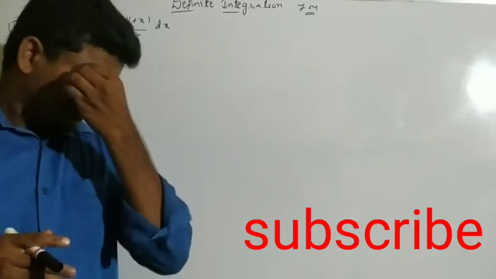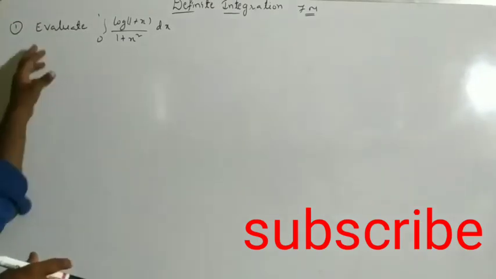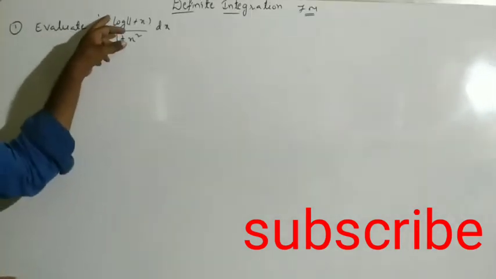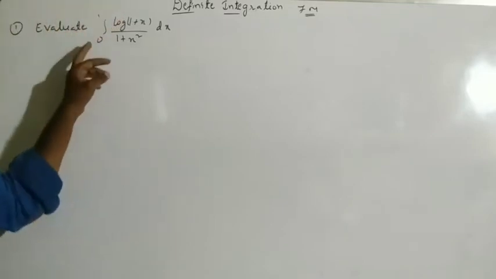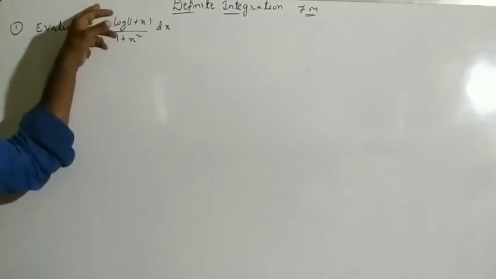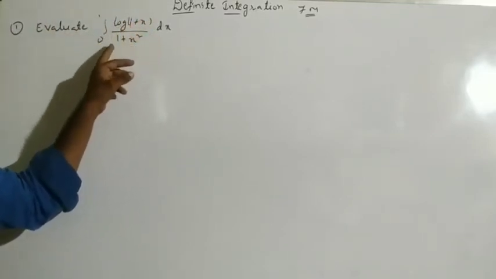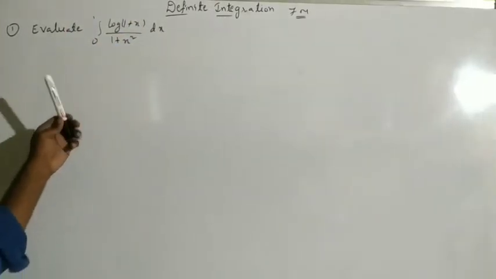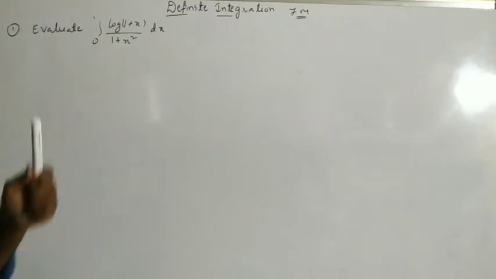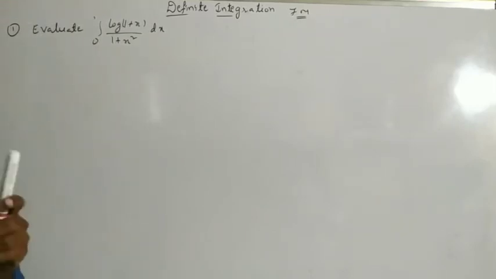Okay, let's see. Here I'm taking the question: evaluate the integral from 0 to 1 of log(1 plus x) by (1 plus x square) dx. So how to solve this question?